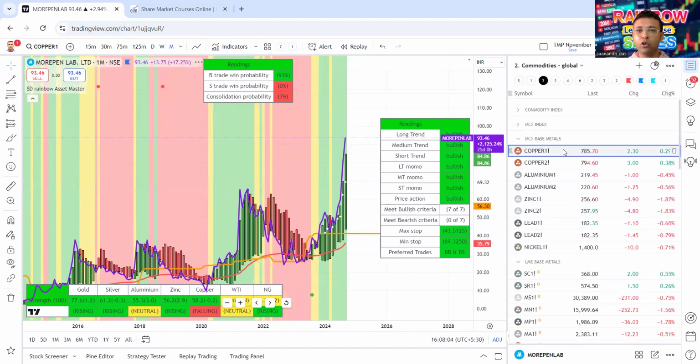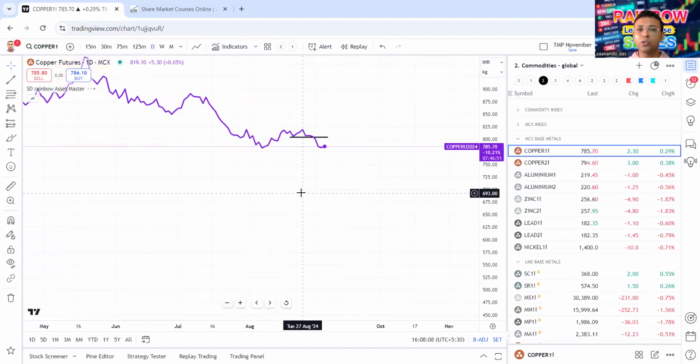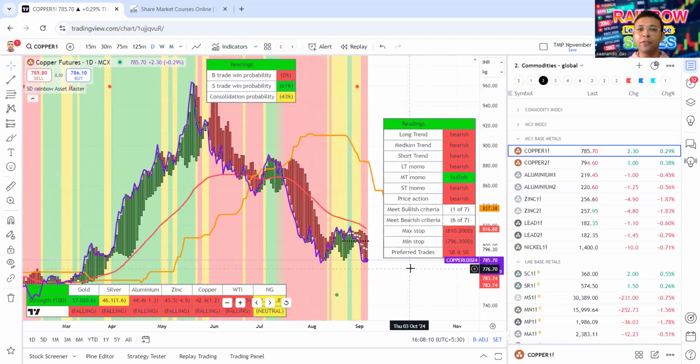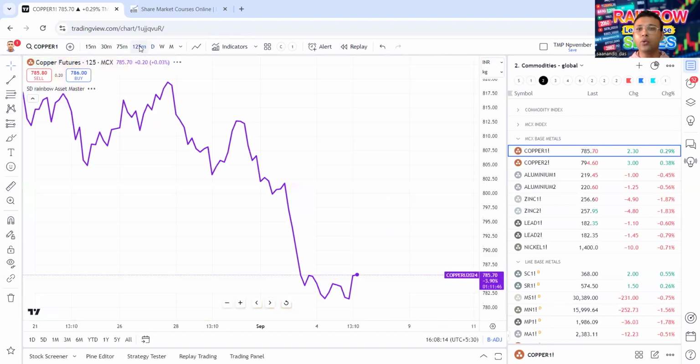Let me go to my commodity chart, say copper. So positional trading के लिए हम लोग रेफर करते हैं डेली चार्ट एंड 125 मिनट्स या 2 घंटे का चार्ट भी ओके.